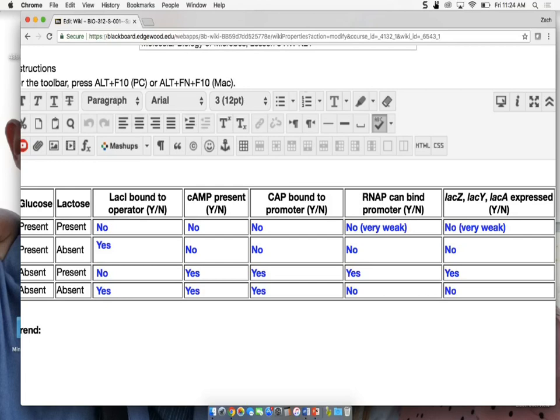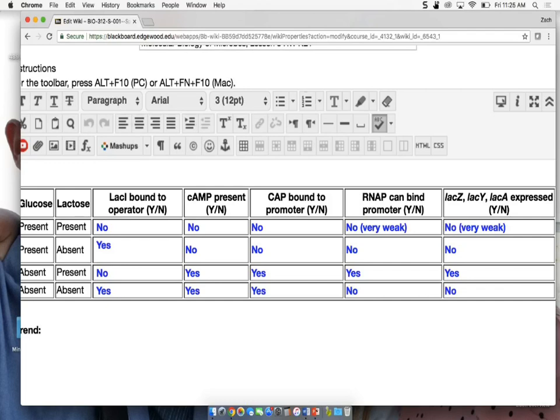Absolutely. Yeah, you might get really weak. So the one thing that's common between what you just said is that in each of those cases, lactose has to be there in order for this to be turned on. In other words, the cell's not going to waste its energy on producing these mRNAs, and producing mRNA takes a lot of energy, and it's not going to waste the energy on translating them unless that carbon source is present.